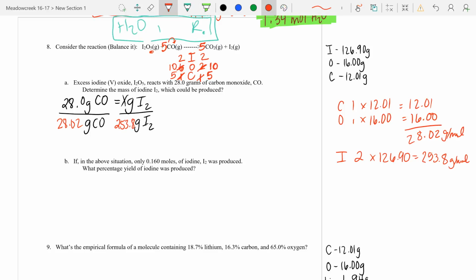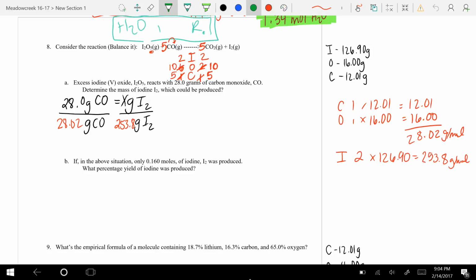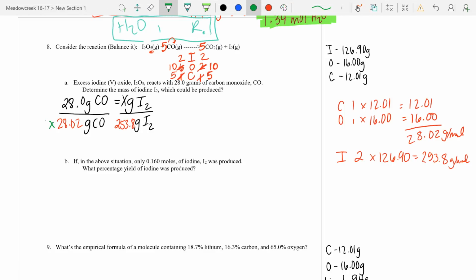Because carbon monoxide and iodine are 2 different compounds, I'm going to multiply by their coefficient. In my problem, carbon monoxide has a coefficient of 5, and iodine just has a coefficient of 1. So when I cross multiply, I'm going to multiply everything here times everything right here. So let's put this in our calculator and get to work.